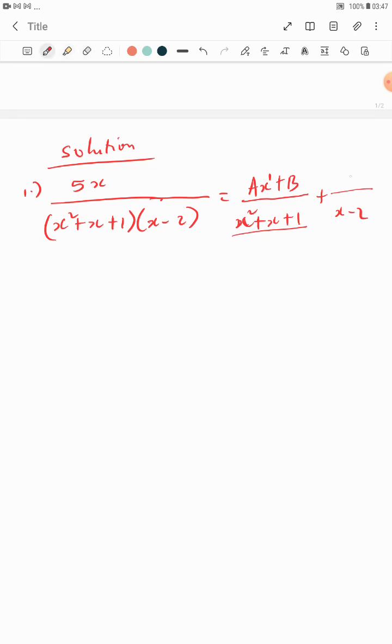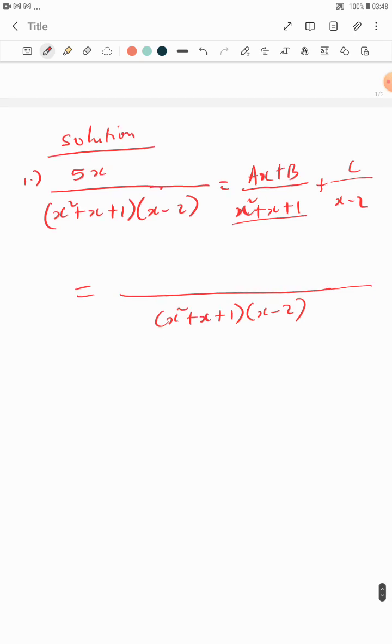So now for the other fraction, we can use a constant c, and this is how the splitting will be. Then we can continue by saying that our LCM will be x squared plus x plus 1 times x minus 2. Here, x squared plus x plus 1 in this will give us x minus 2, so that will be times what we have up there.